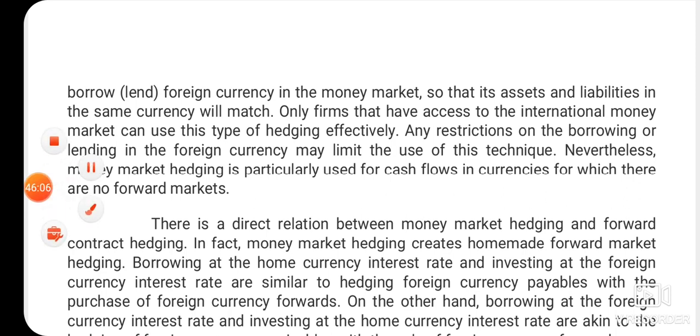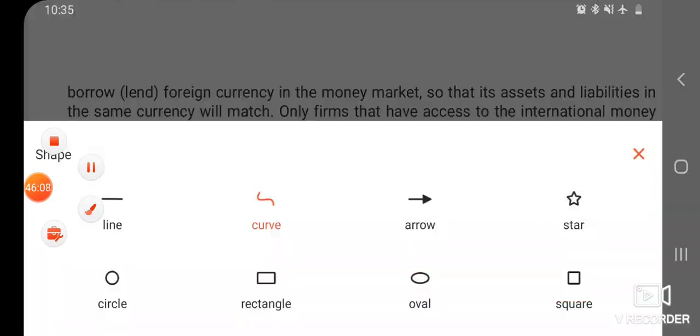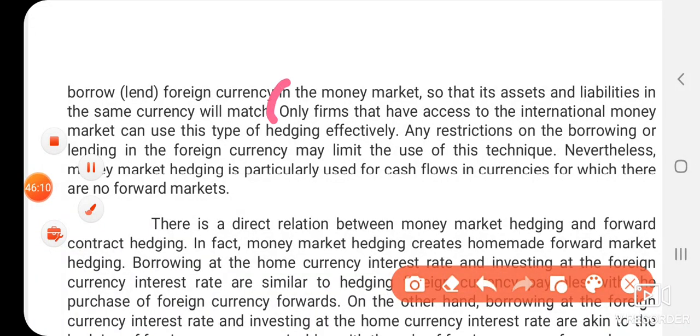Here he is saying only the firms who are dealing in the international money market at the global level can use this type of hedging technique in order to minimize the risk. Any restrictions on borrowing or lending in the foreign currency may limit the use of this technique.